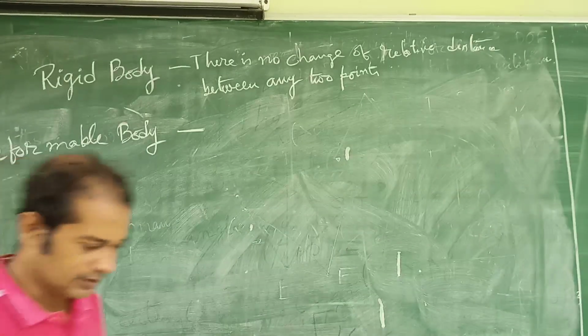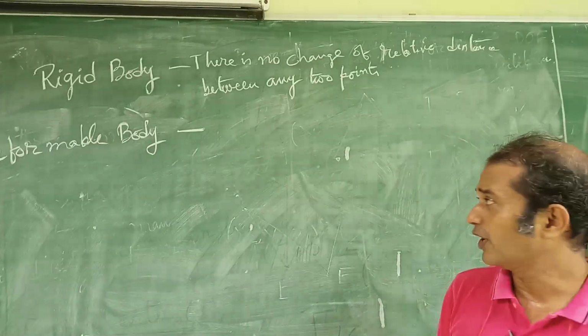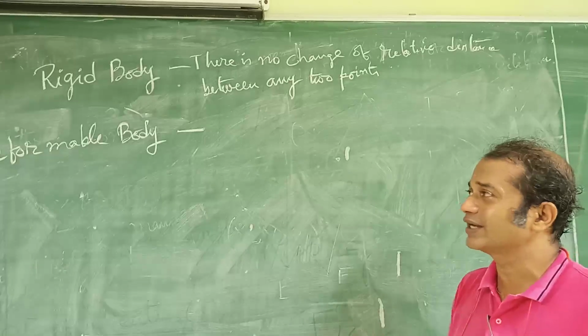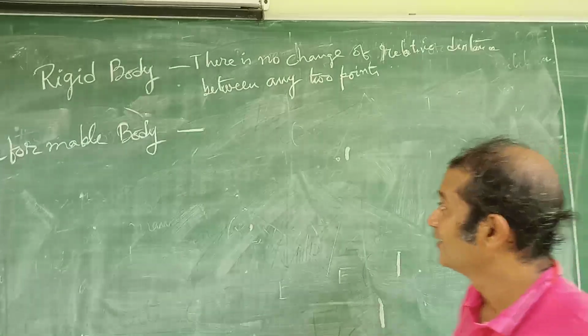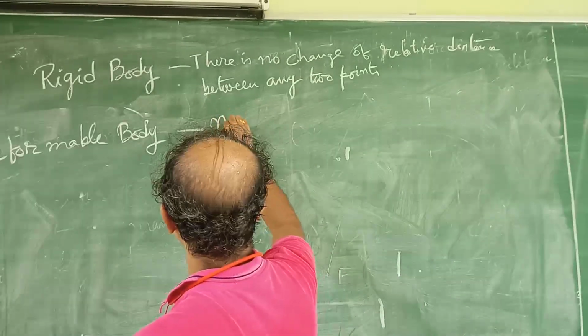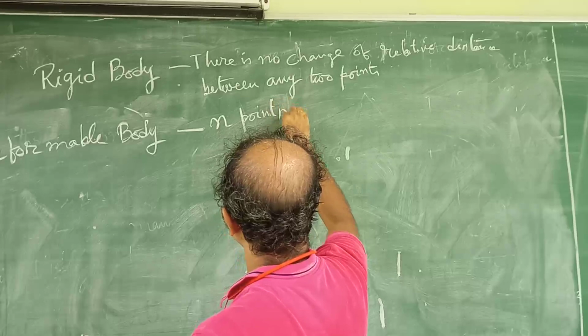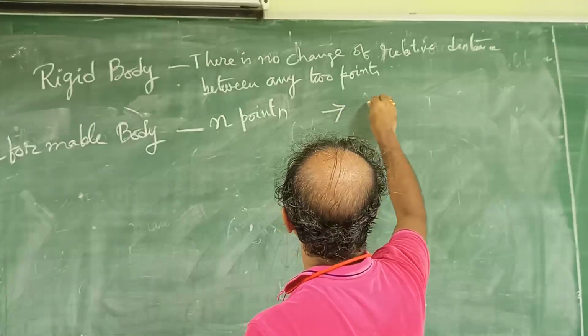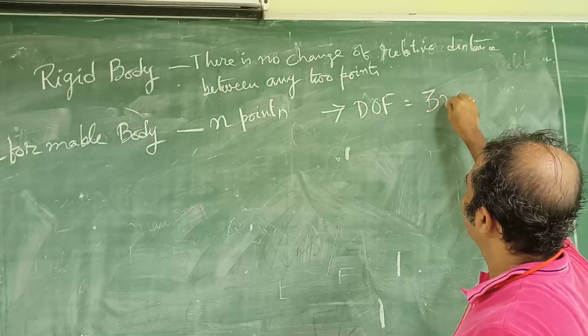They can change their relative position, any 2 points. So how many degrees of freedom is a deformable body going to have? If it is composed of n number of points, then the DOF is equal to 3n.